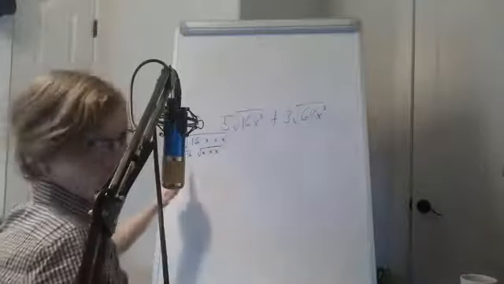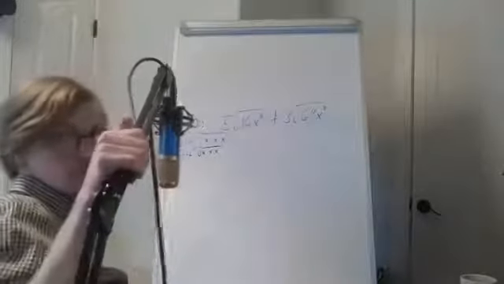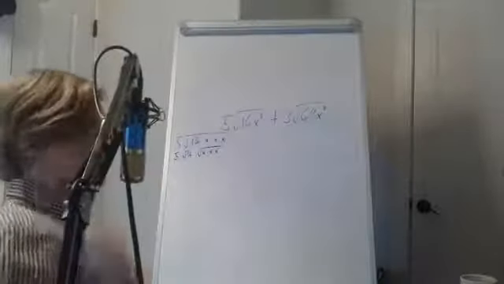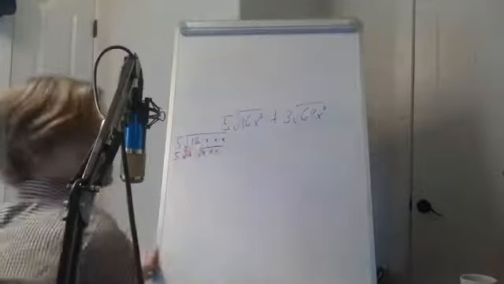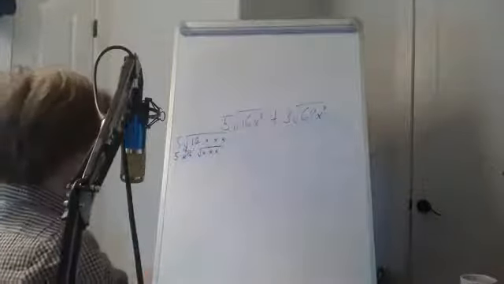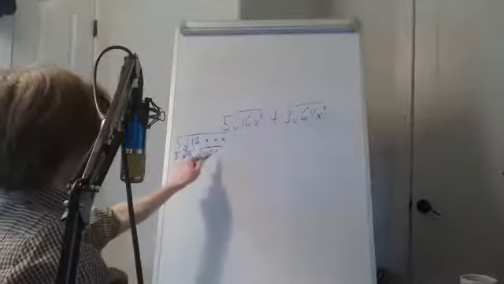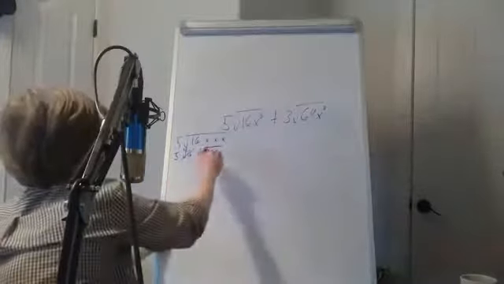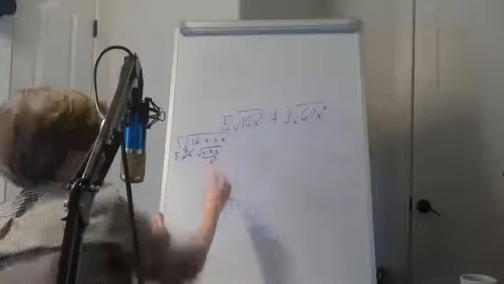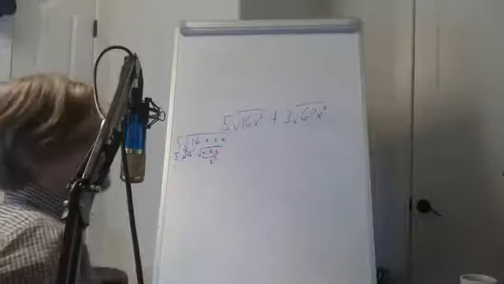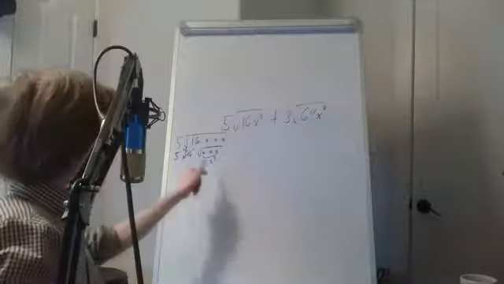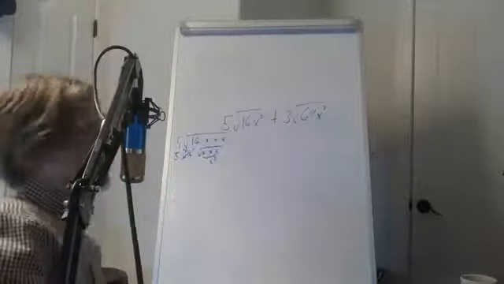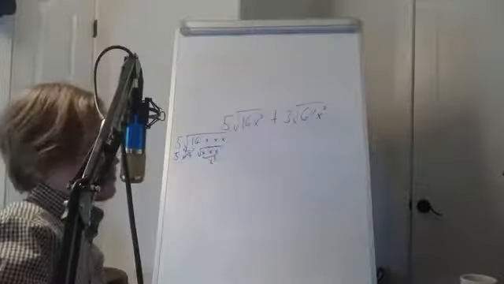What's the square root of 16? 4, because 4 times 4 is 16. With the x times x times x, or x cubed, when you take a square root, you are essentially pulling out the two values you multiply by itself.